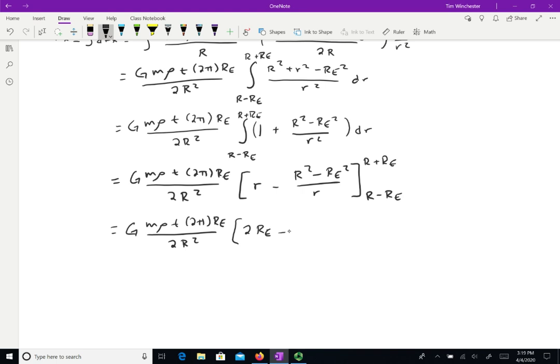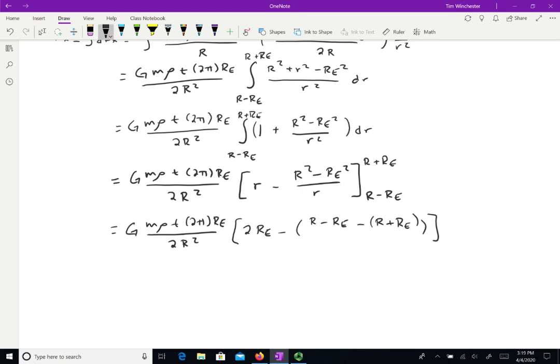So this is going to end up being 1 over R minus R_E when I plug in R plus R_E on the bottom, and then minus 1 over R plus R_E when I plug that in on the top.